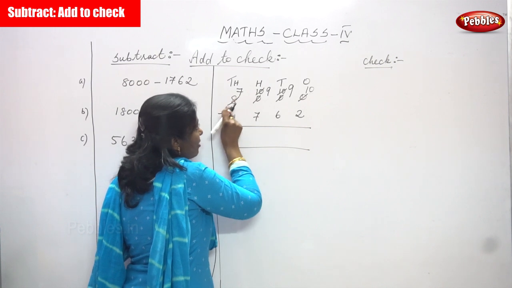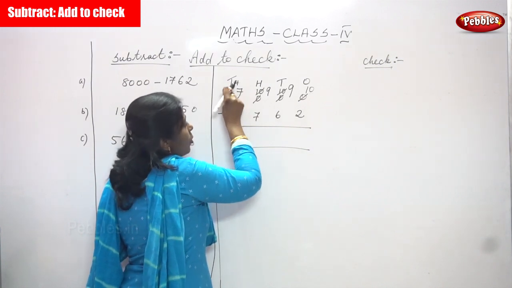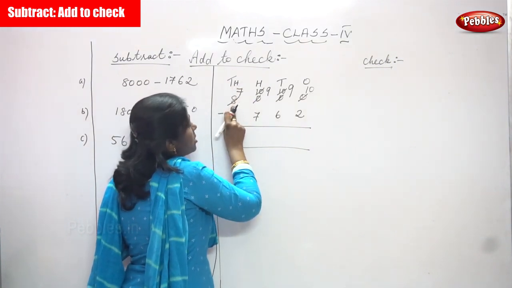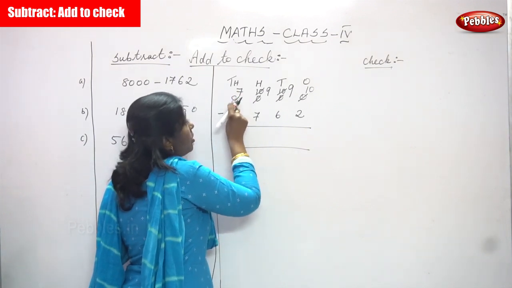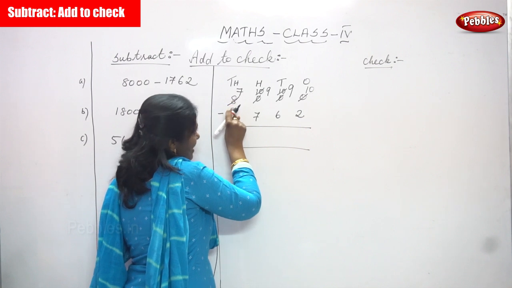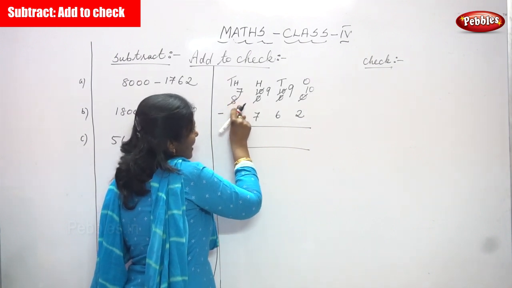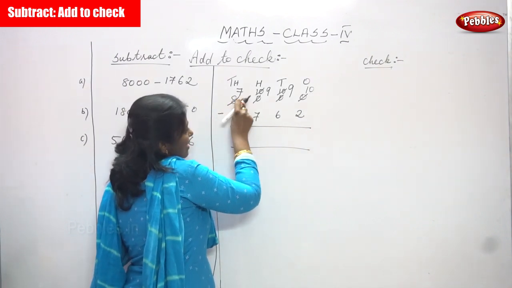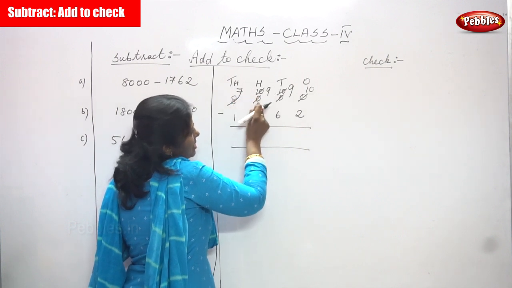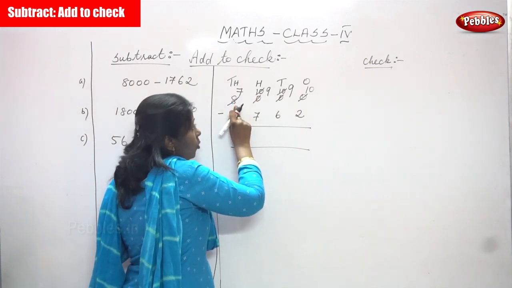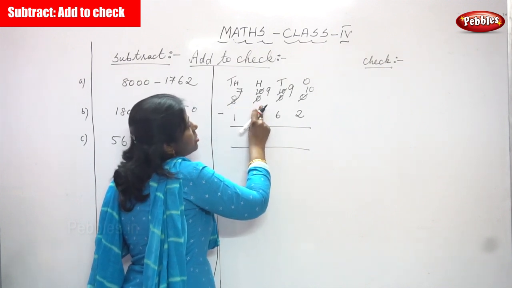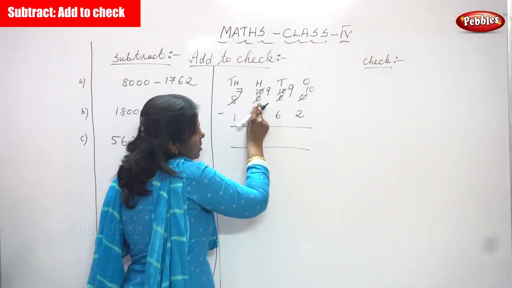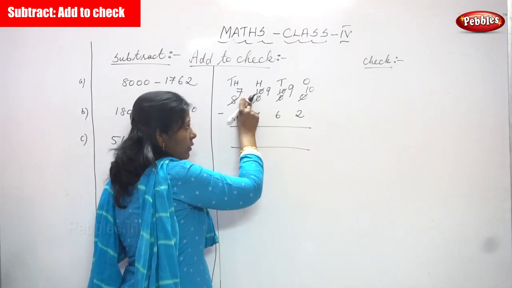So you have to borrow 1 from this 8 in the thousands place. So this 8 becomes 7, and the 100 place 0 becomes 10.